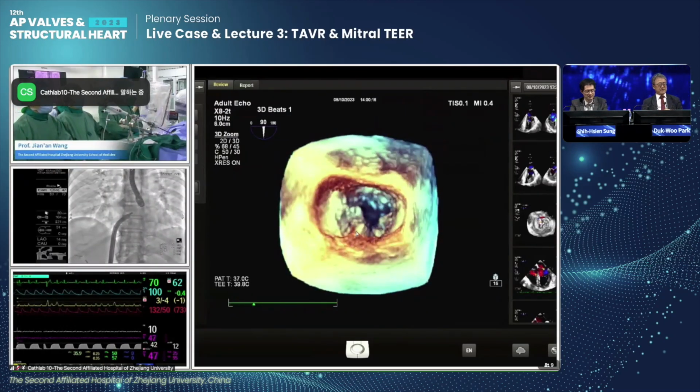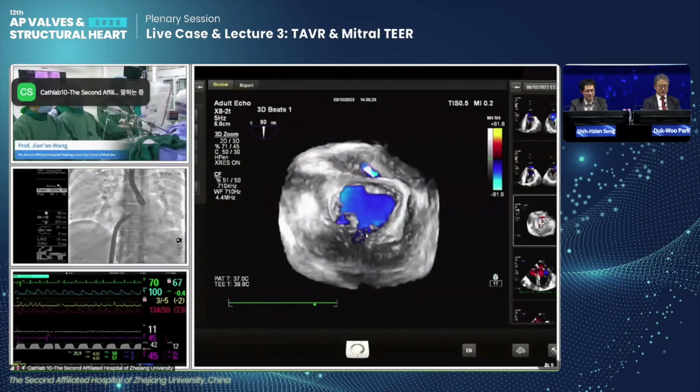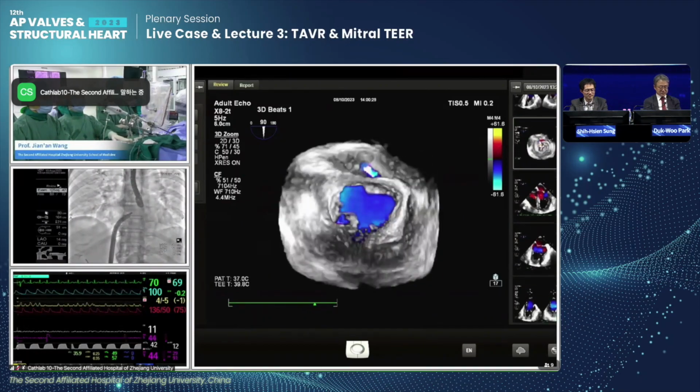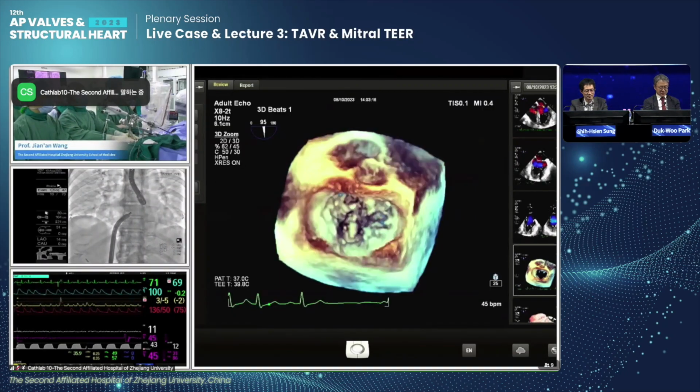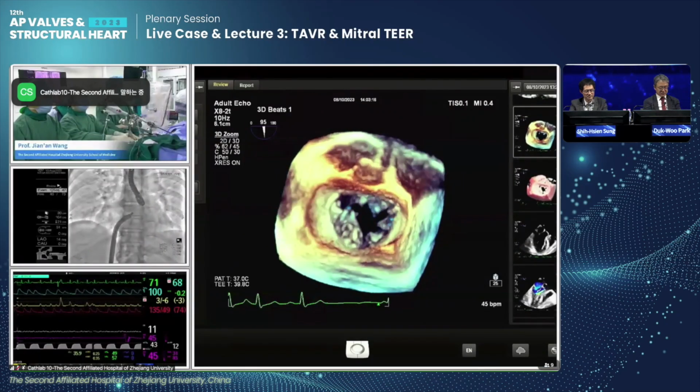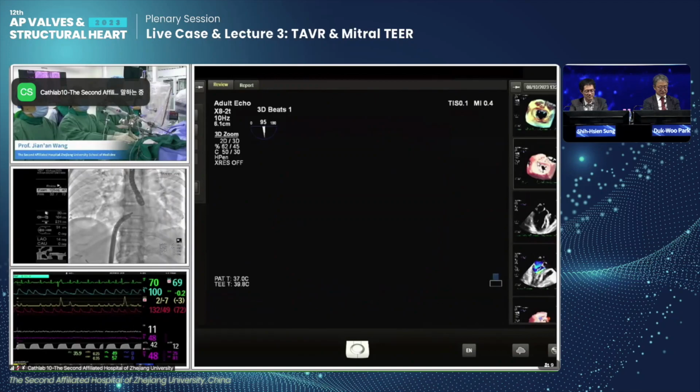The Dragonfly system is the first transfemoral edge-to-edge repair device in China. Professor Wang is leading our team, working together with the engineers to develop this device. Right now, the device has already finished the clinical trial in China with DMR and FMR.